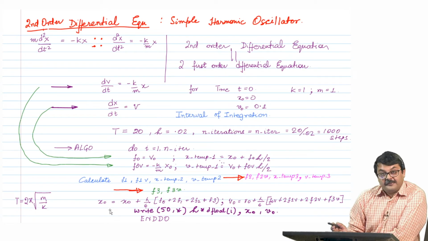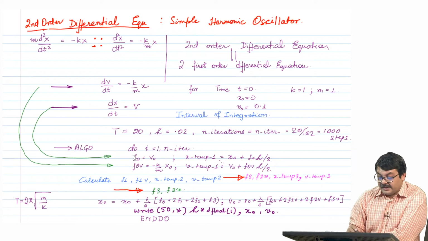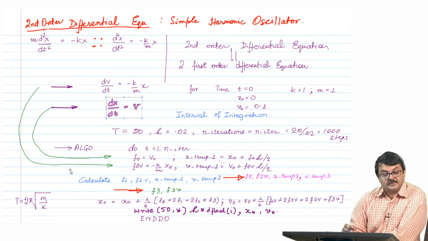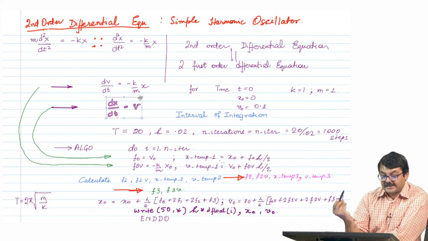And what do we have to do? For a first order differential equation, if you are using Runge-Kutta, you had to calculate f 0, right, and f 0 in our case, from this equation, we know f 0 equal to v 0, right. That is what dx dt equal to v.